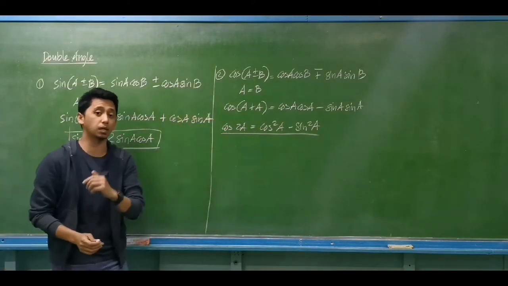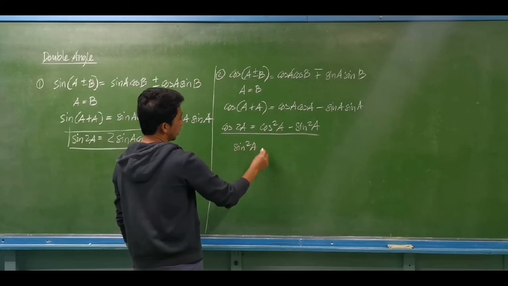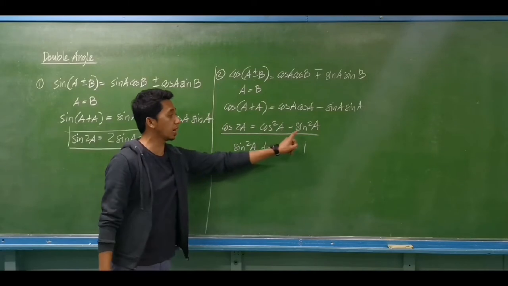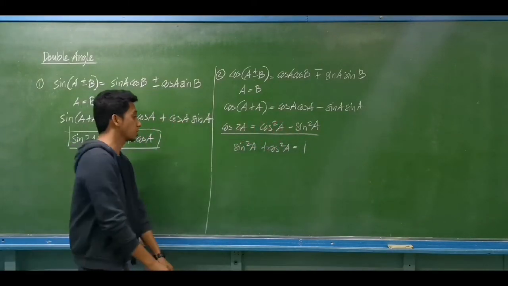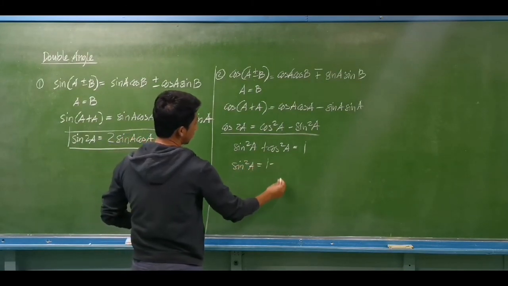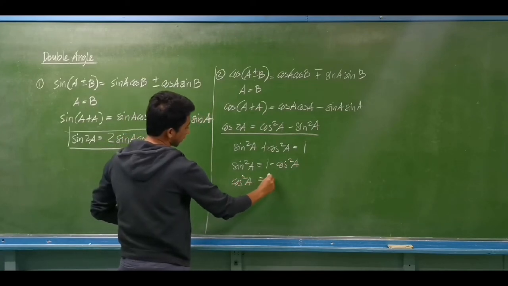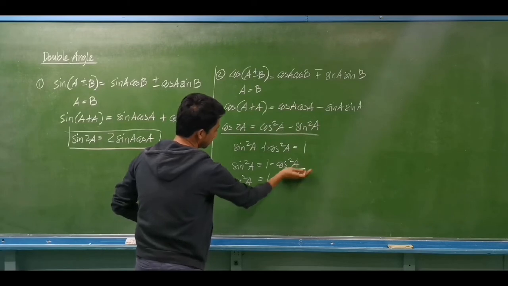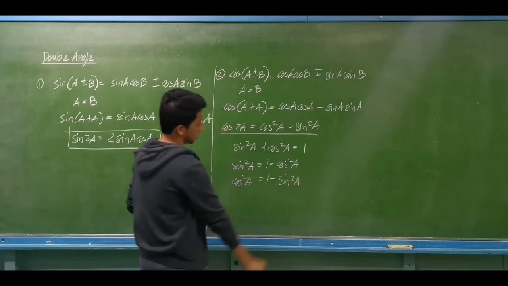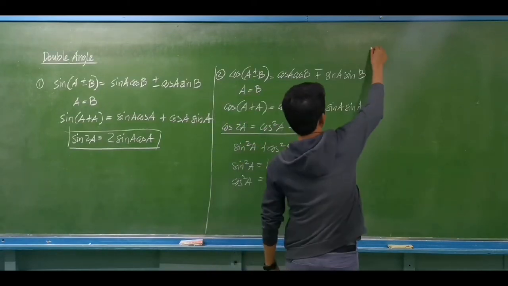Pero kung babalikan natin yung Pythagorean identity, yung sine squared of angle A plus cosine squared of angle A is equal to 1, pwede natin palitan yung dalawang ito para magkaroon siya ng new appearance. Ang equivalent ng sine squared A is equal to 1 minus cosine squared A, or ang equivalent ng cosine squared A is 1 minus sine squared of angle A. Okay, so pwede natin ipalit yung dalawang ito dito para magkaroon siya ng new appearance.